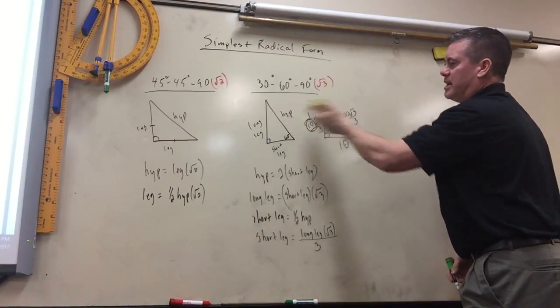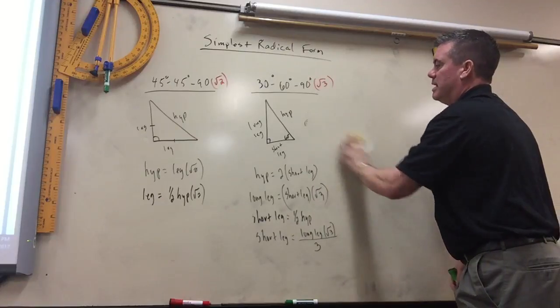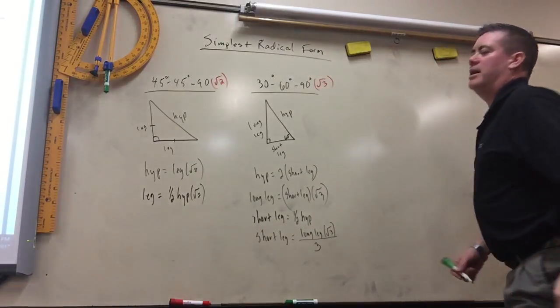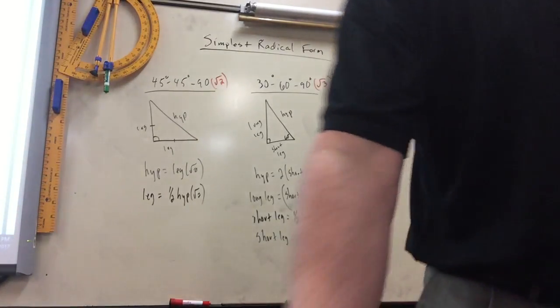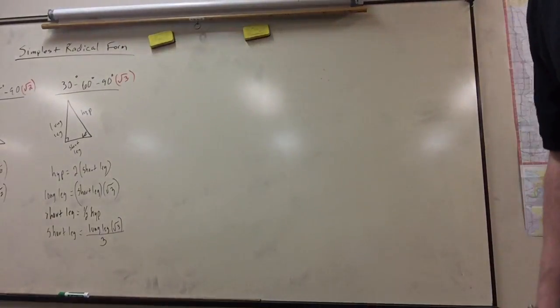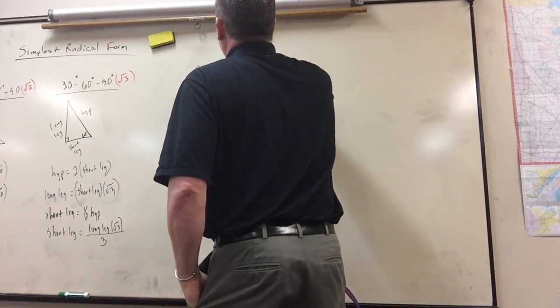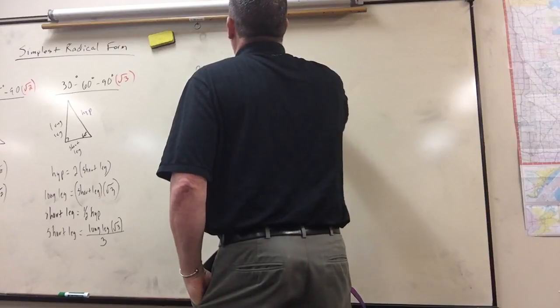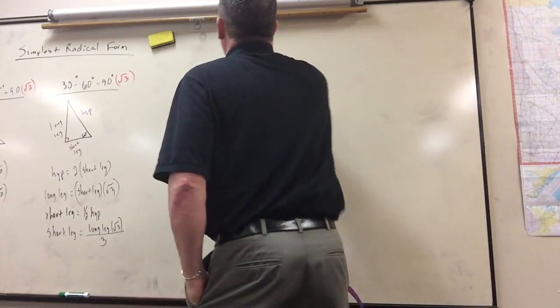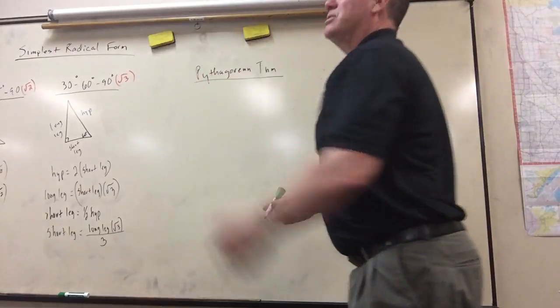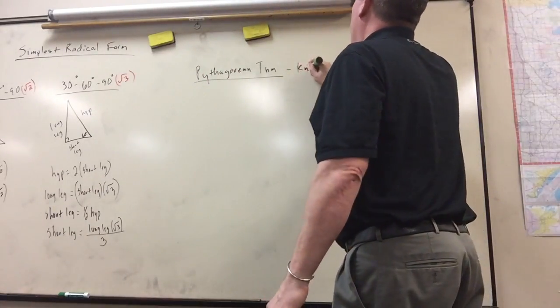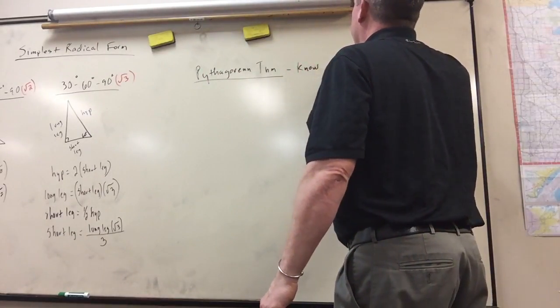So on the worksheet, they have these mixed together with some Pythagorean theorem, which I'm just going to do a couple to remind you. You use the Pythagorean theorem, and again, all of this is right triangle stuff, if you know two sides.